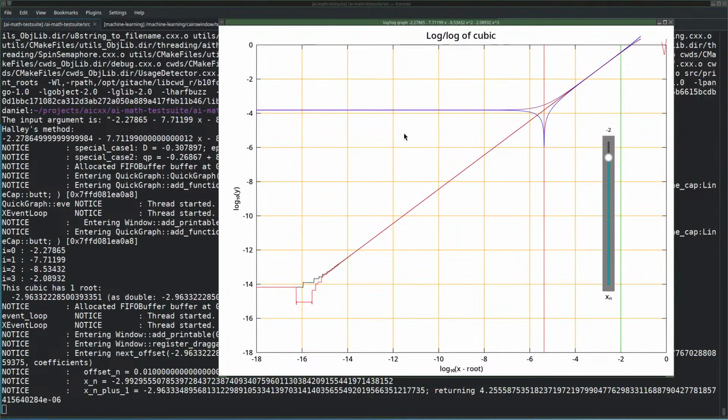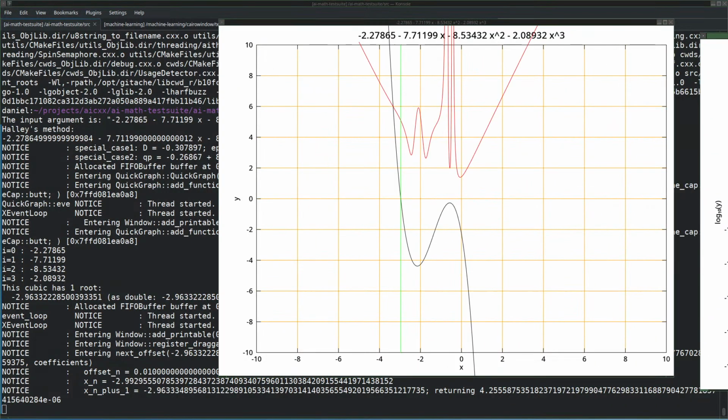Yeah, there it is, the error. Wow. What a formula.